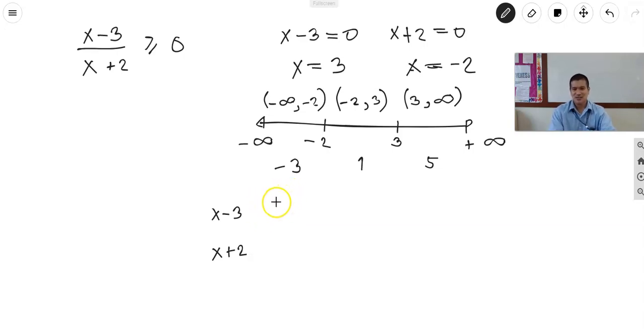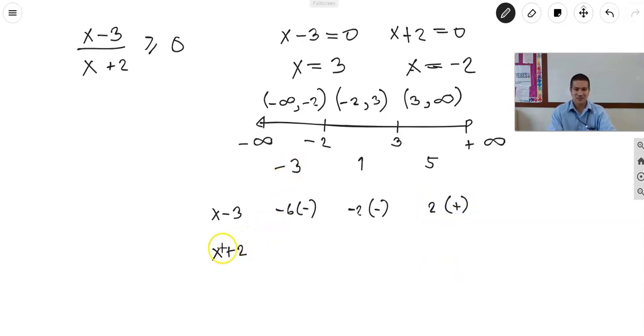Okay, so here we have negative 3 minus 3, so the result will be negative 6, which is a negative value. Next here, 1 minus 3, the result is negative 2. The result sign again is negative. And then here, 5 minus 3 is positive 2, so the result is a positive number.